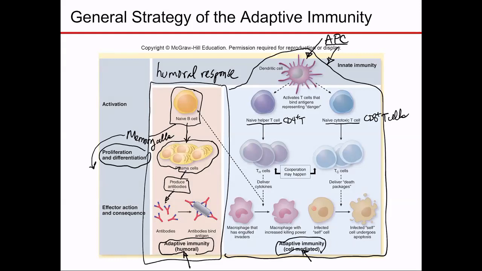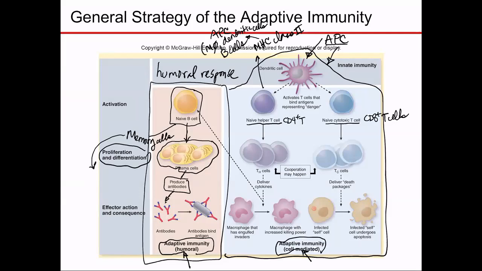Now, in the case of T helper cells, that process of antigen presentation can happen through MHC class II molecules that are expressed only on the surface of antigen presenting cells like macrophages, dendritic cells, and also B cells express the MHC class II.